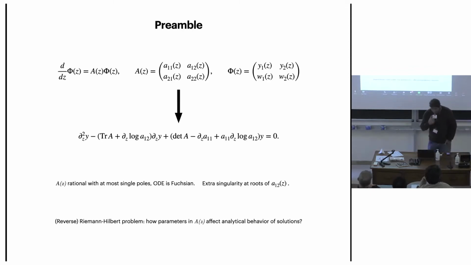All right, so let me start from the basics. Usually you think about the ordinary differential equation in the complex plane as a scalar equation. It is best for us to consider both solutions of this second order differential equation at the same time. So we arrange the solutions neatly in this Phi matrix, which is called the fundamental matrix of solutions.